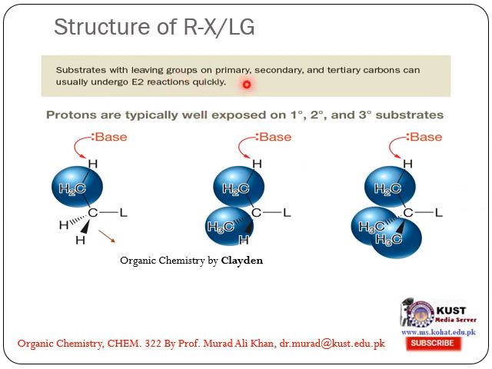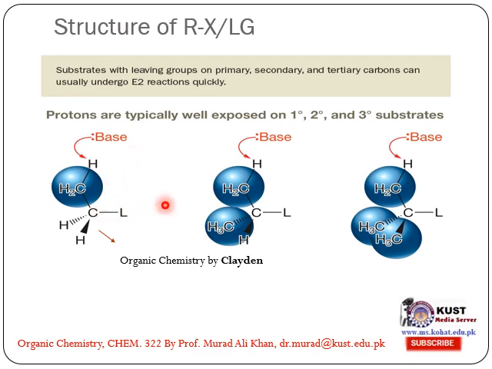Substrates with leaving groups on primary, secondary and tertiary carbons can usually undergo E2 reaction quickly. Why? Protons are typically well exposed on primary, secondary and tertiary substrates. If you see here, in the presence of a strong base, the rate of elimination or the chances of elimination are more.